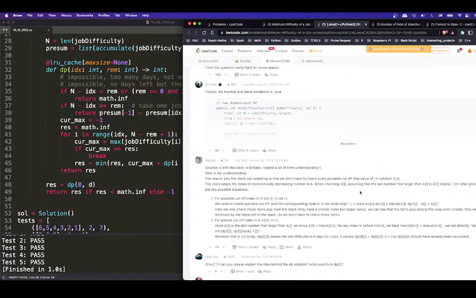Yes. Assuming that the last number that is larger than A[i] is at t, two possibilities. Possible cutoff index. It's in between, right? If we cut off in between, yes, if the possible is in between, because they will be smaller, so this one will be dp[j], whatever j is, because the current, if the current is bigger, right?